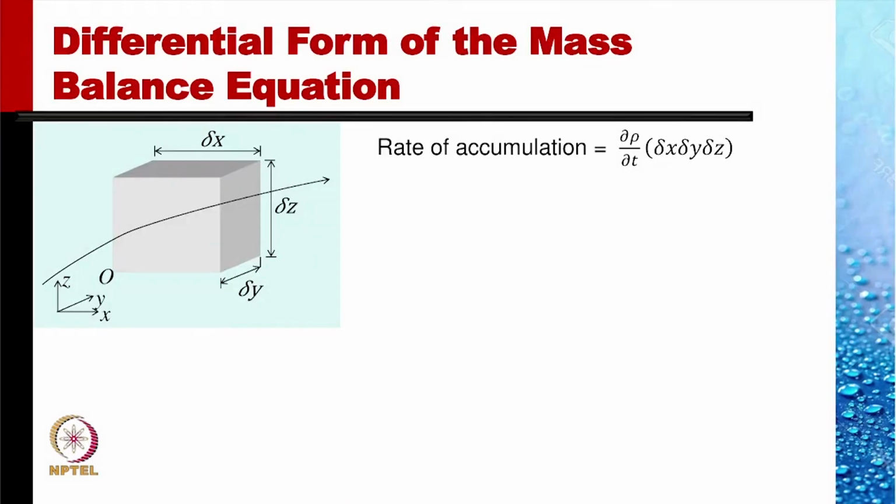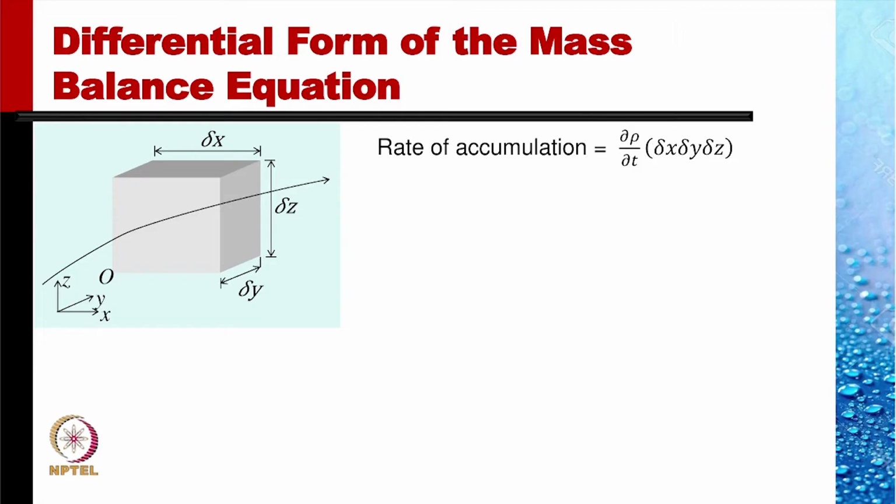The rate of accumulation of mass within this volume: the volume is fixed, dx dy into dz. So the mass contained within this is rho times dx dy dz.